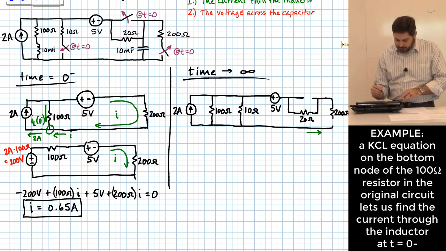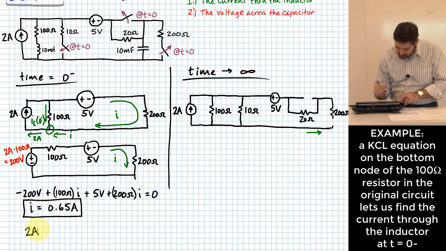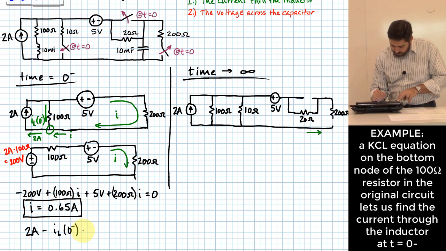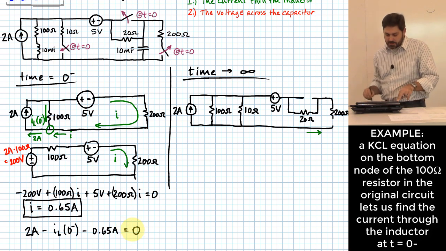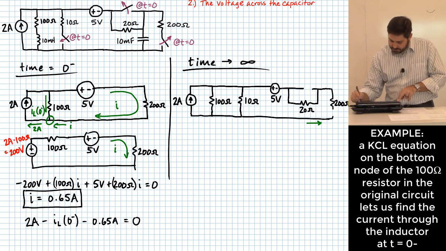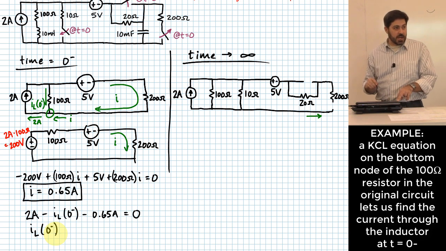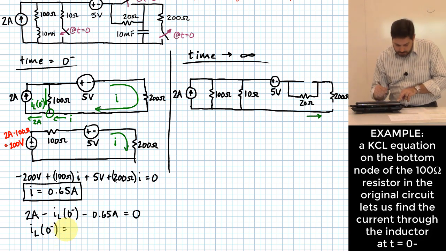So I will have 2 amps exiting minus I sub L at time 0 minus, minus 0.65 amps. And that's equal to 0. So what is my current in my inductor right before the switches change? It should be 1.35 amps.